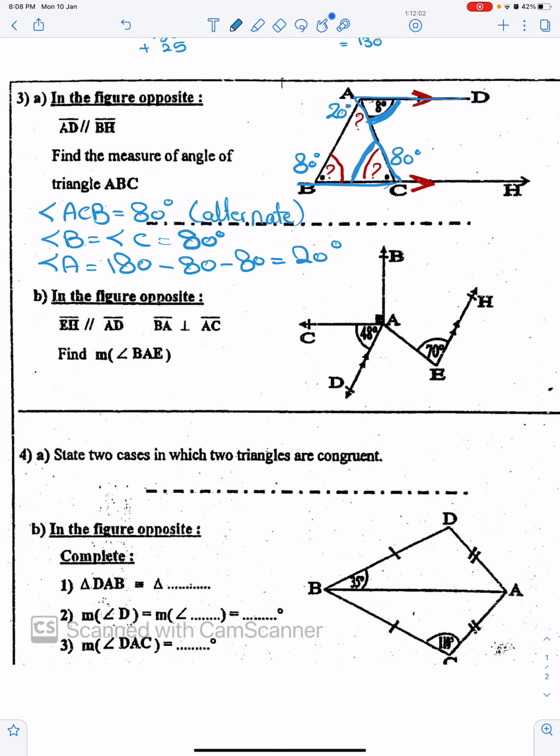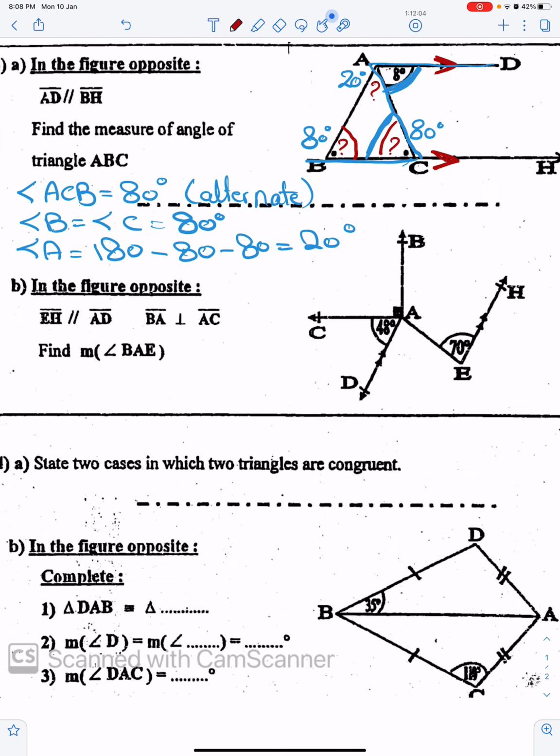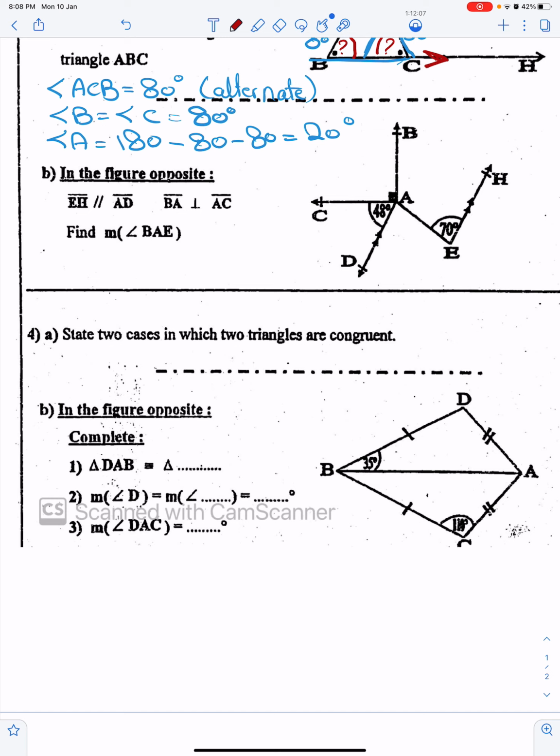Number B. Okay. He said EH is parallel to AD. And BE is perpendicular to AC, which means this angle is equal to 90 degrees. He wants angle BAE, this angle.